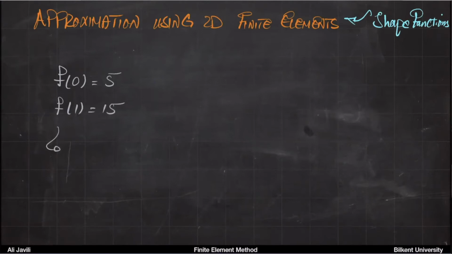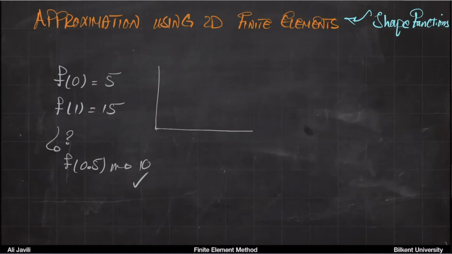If I ask you what would be f at 0.5, you would immediately say that is 10. Which again, we learned that this thing that you basically did in your head is that you connected a line between these two.